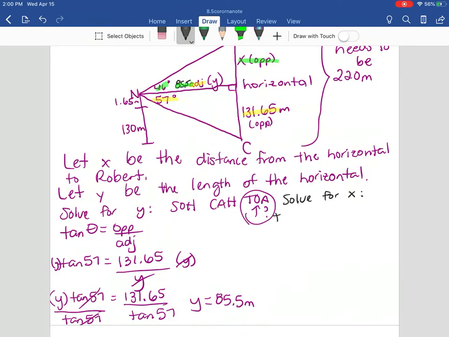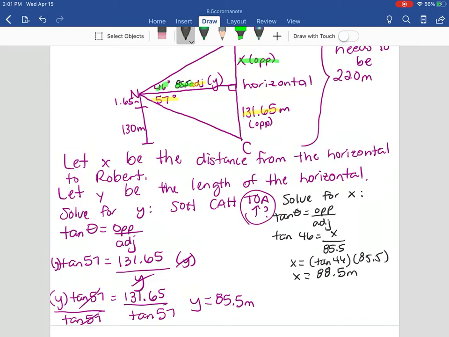So again, we are doing TOA, or tan, in the other triangle. But this time the X is in the top. So that makes our math one step instead of two. So it's a little bit more straightforward. And we get 88.5.